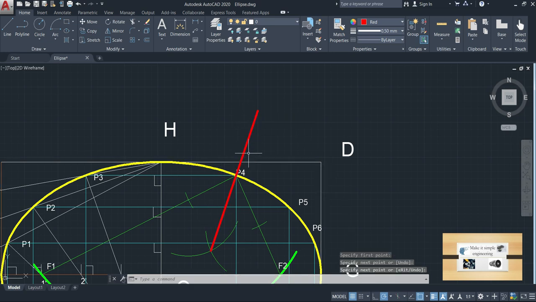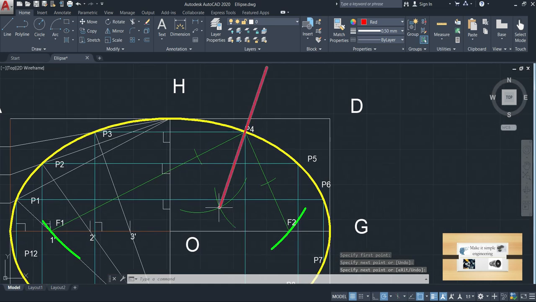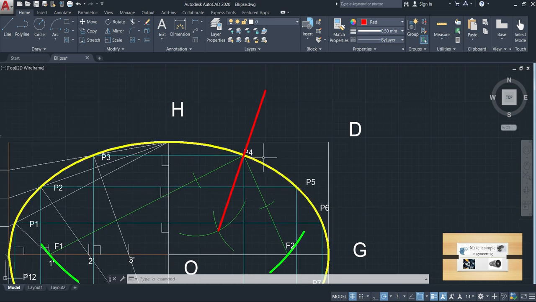This red color line here, which bisects the angle F1, P4, F2, is the required normal, and if I draw a perpendicular to this normal, I will get the tangent.